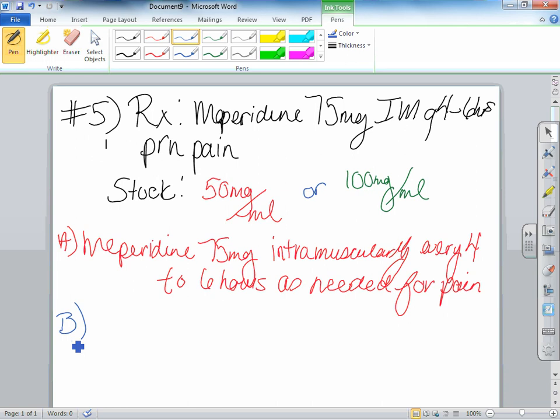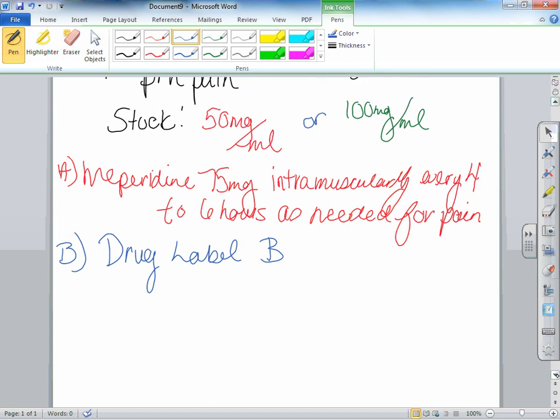So to answer the question, you're going to use B. All right? You're going to use drug label B, because if I use drug label A, the volume comes up to 1.5 milliliters. But remember, each vial is only 1 milliliter, which means that you're going to have to use 2 vials, and you're going to waste some volume.